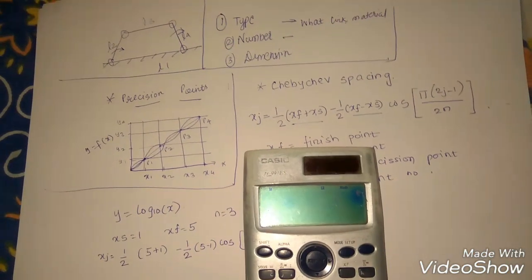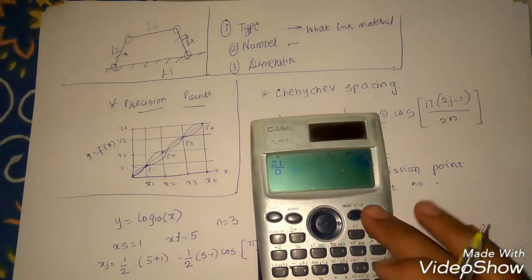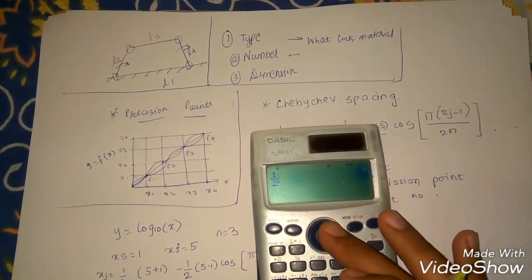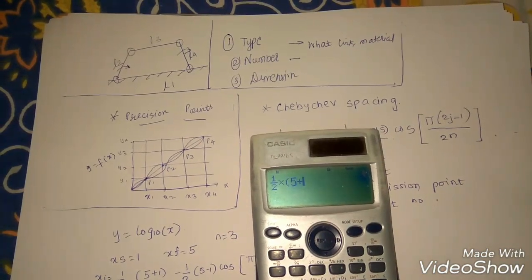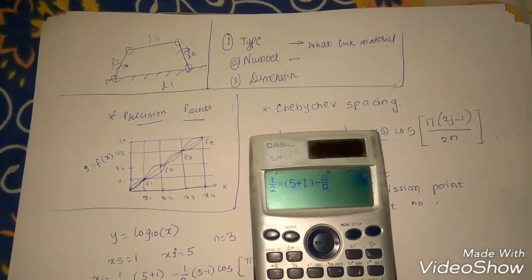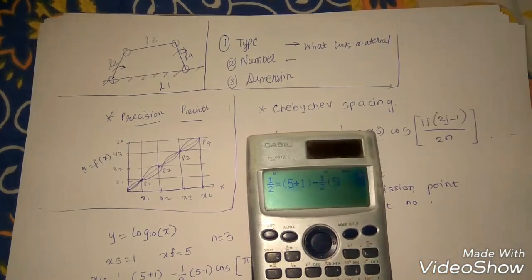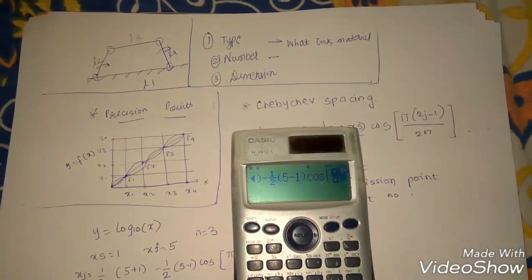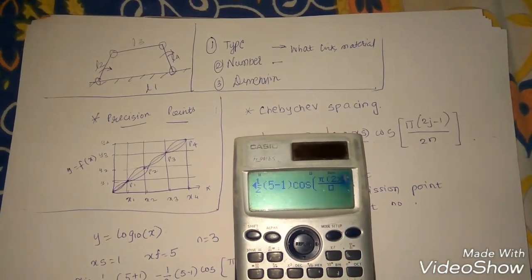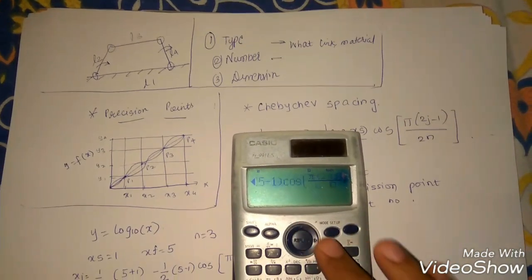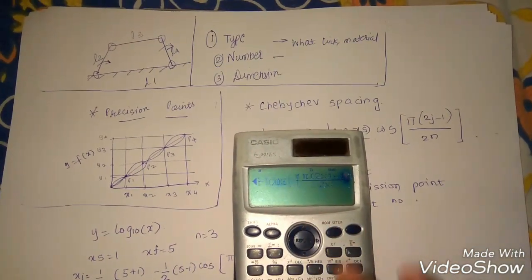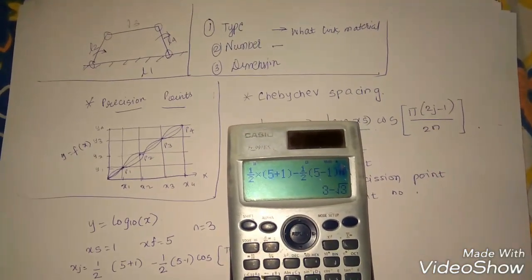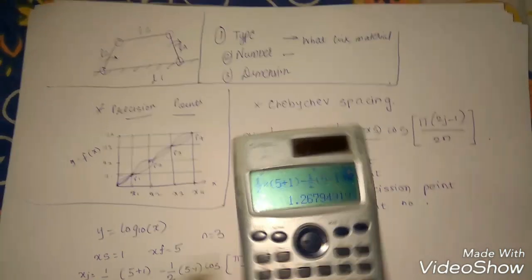Let's start with the calculation. 1 divided by 2 bracket (5 plus 1, finish plus start) minus 1 divided by 2 (5 minus 1, finish minus start) cos, shift pi upon 2 into (1, the first point, minus 1) upon 2 into 3, bracket close, is equal to 3 minus under root 3. Press the SD button. 1.2679.